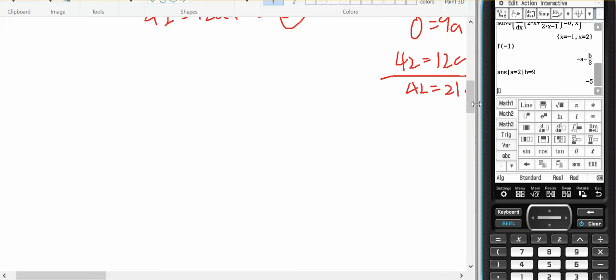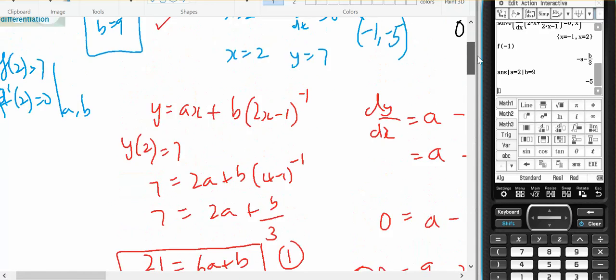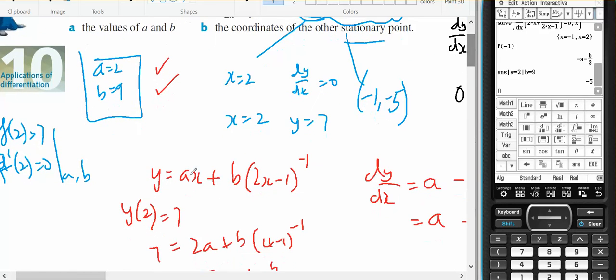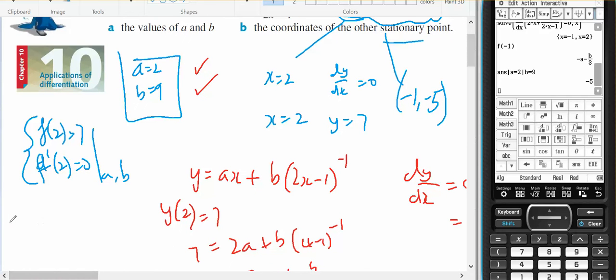If I come back here to the original, where's my expression? I'm going to have y(-1) equal (negative a plus b) times negative 1, that's minus, over negative 3.